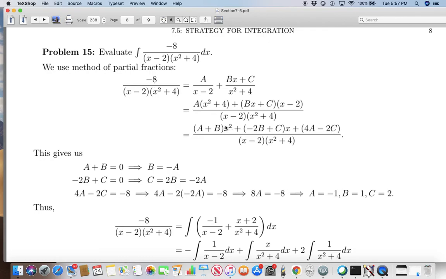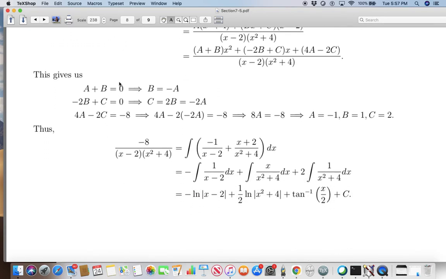So x squared coefficient is 0, x coefficient is 0, and constant term is negative 8. So you have these relations. B is negative A, C is 2B, therefore it's negative 2A, and lastly substitute C equals negative 2A: 4A plus 4A is 8A, A is negative 1, B is 1, C is 2.